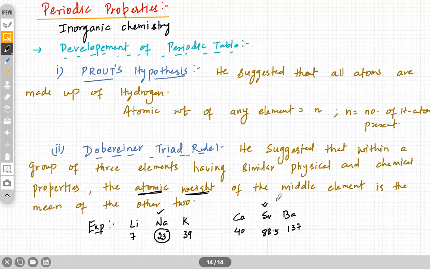It's not true for all elements, only for a few groups of elements. The exact atomic weight of strontium is 88, but still it is close, so we can consider this. If you see sulfur, selenium, and tellurium, sulfur is 32, tellurium is 128, so that would be 160, and half of it is 80, the atomic weight of selenium, so it is valid for this also.